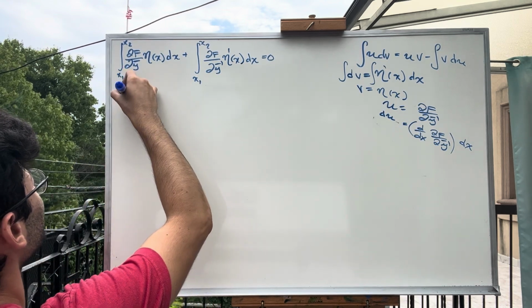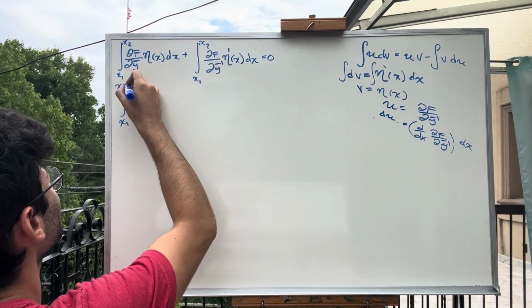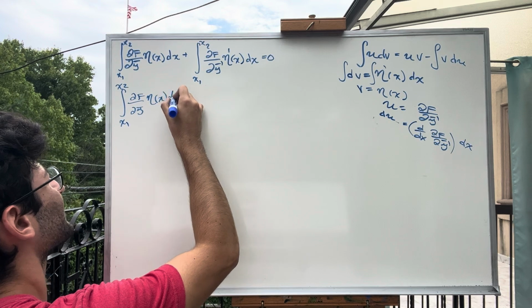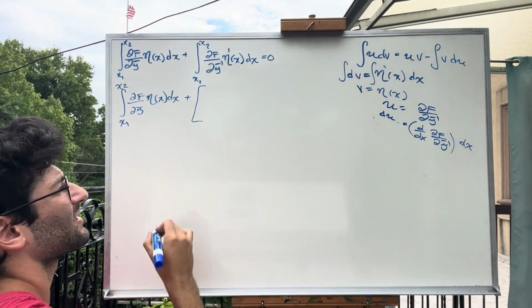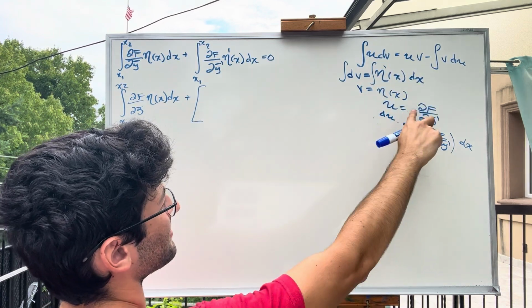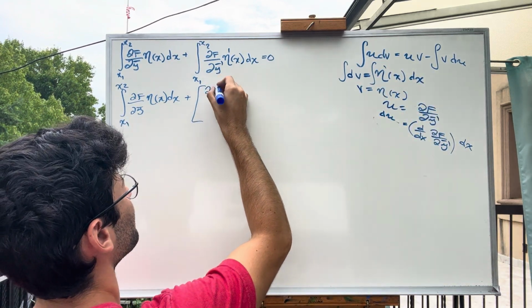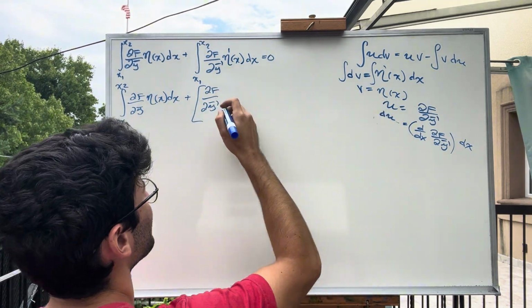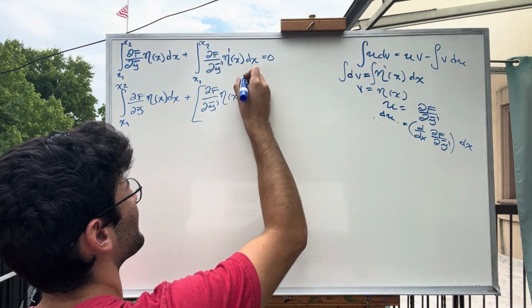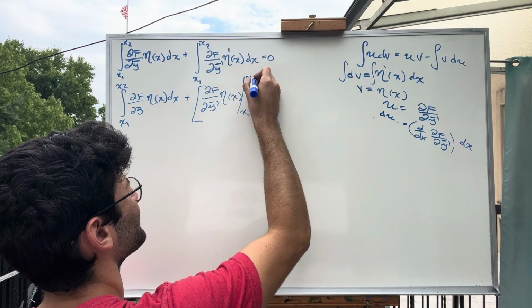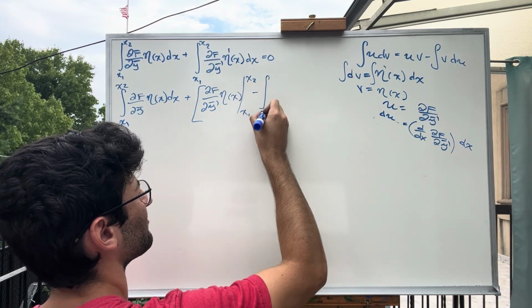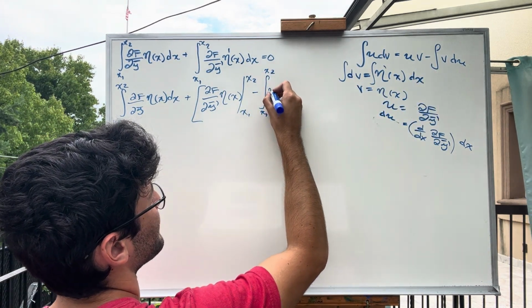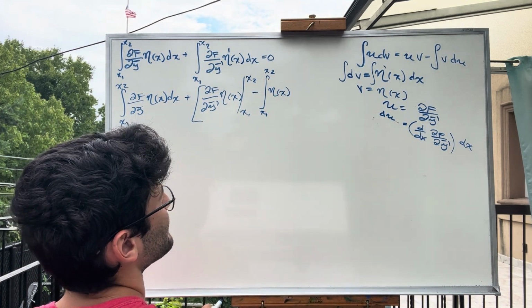So we get the integral of x1 to x2 partial f partial y bar eta of x dx, plus we have u times v. U is partial f partial y bar prime. V is eta of x. And this is evaluated from x1 to x2, minus the integral from x1 to x2 of v, which is eta of x, du.